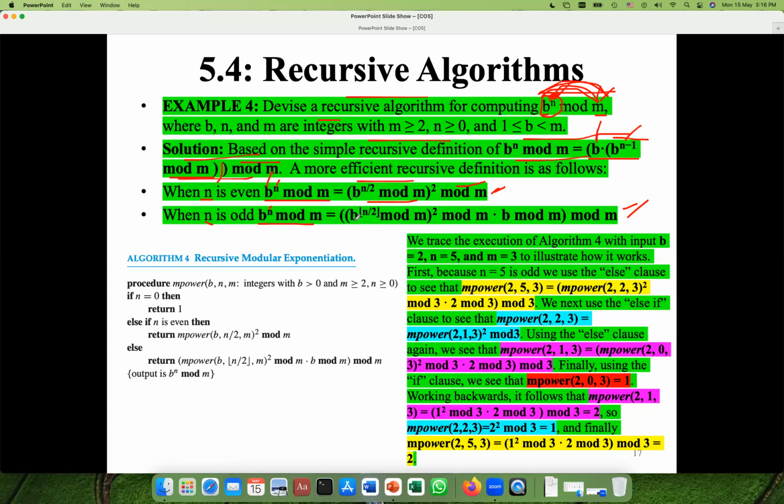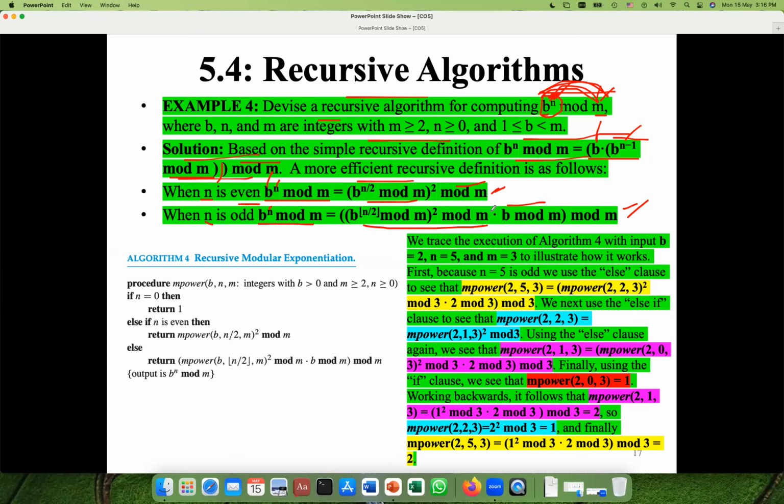By taking the floor function. It will ignore those fractional parts. If you have 2.5, it will give you 2. If you have 2.7, it will give you 2. If you have 2.2, it will give you 2. So b raised power n by 2 with the floor function mod m, the same thing again, squared and then mod m of that thing, and that is the extra thing for the odd case.